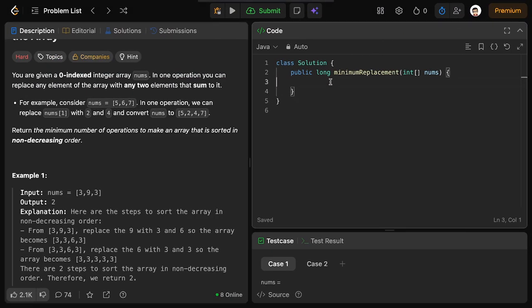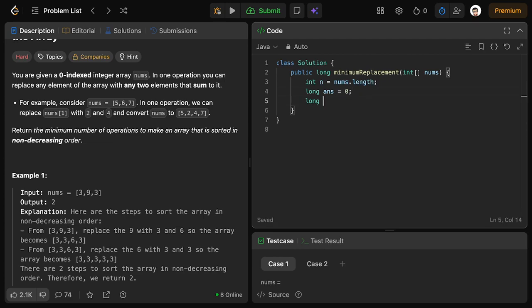Basically, what did we want? Firstly, we want int n is equal to nums.length. I'm doing Java, by the way. Then our return type is long, so we have long ans is equal to 0. Ans is the total operations, let's just name it ans for simplicity.